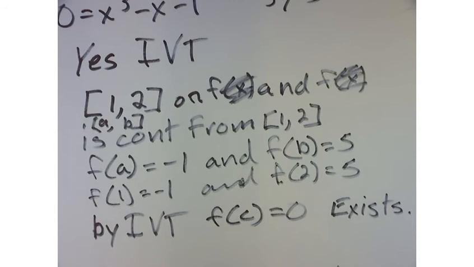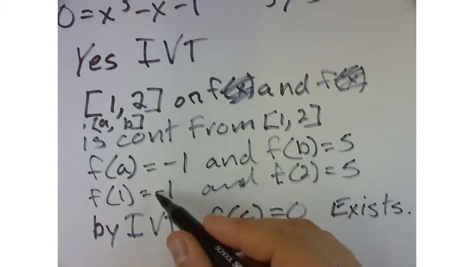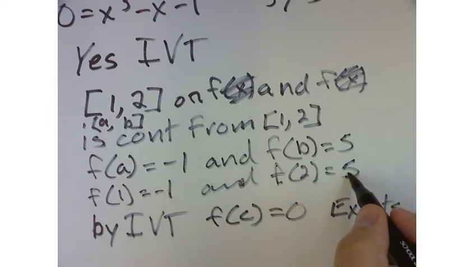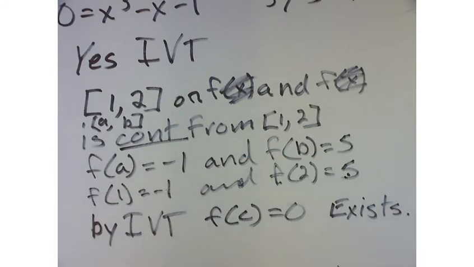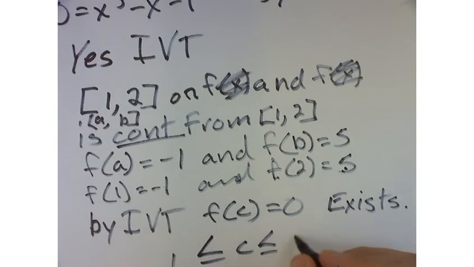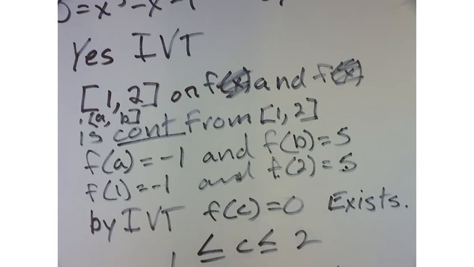How do I know that? Well, because we know that every value from negative 1 to 5, every y value from negative 1 to 5 is defined because it's a continuous function. So then we would say that c must live where? Between 1 and 2. So that's the formality of it.